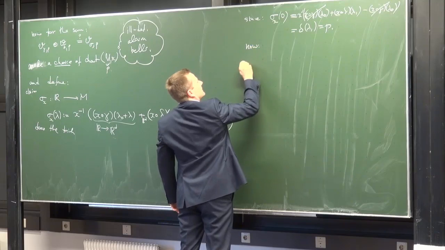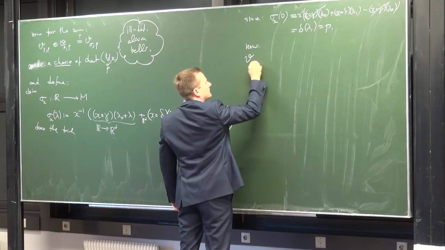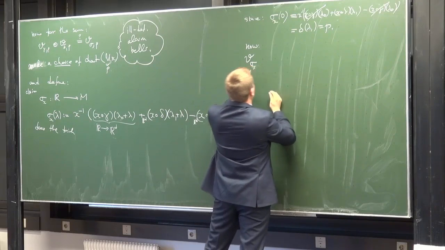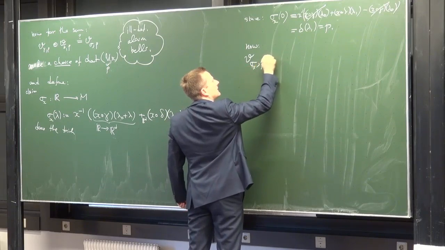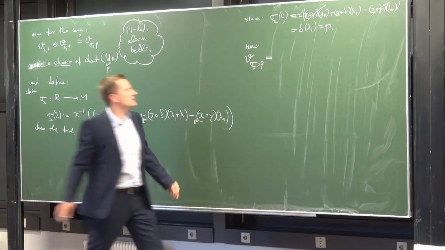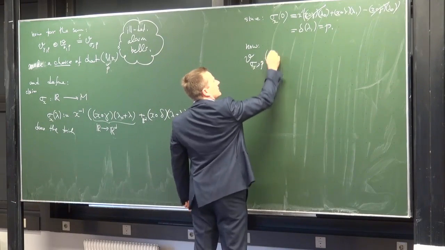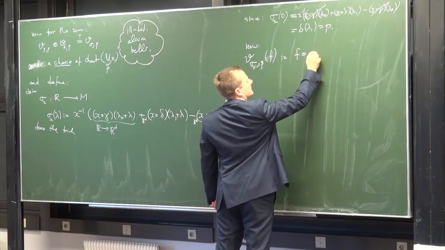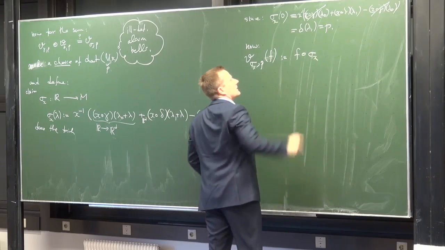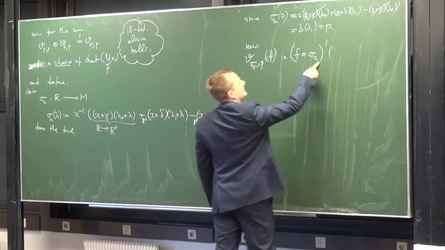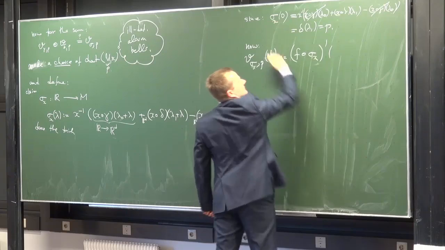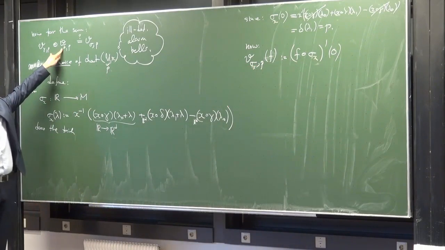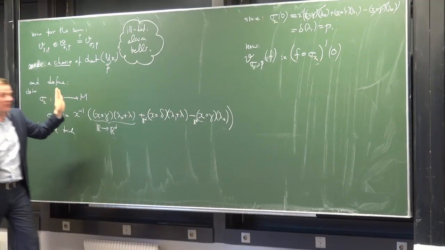And now the actual calculation is as follows. V of this curve sigma x that I claim to do the trick, in the point P equals, well, let's use the definition. Acting on a function, I need to have it act on a function to calculate, it is f after sigma x, prime, at the parameter value where it hits P, that's 0. That's this thing. We need to calculate and we need to end up here. If we did, we found the curve.